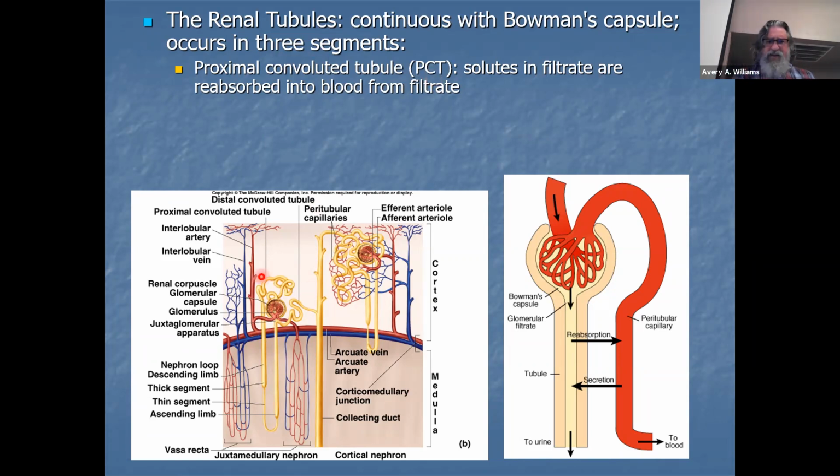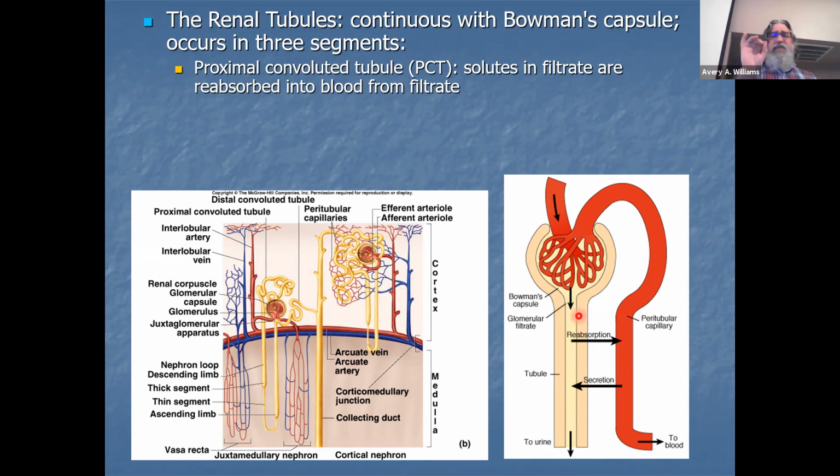It looks like just a tangled mess, but it's proximal, closer to the corpuscle. And here's a schematic of it. Here's the corpuscle, here's the glomerulus collection site. This area right here would be the region of the proximal convoluted tubule, the PCT. What does it do?